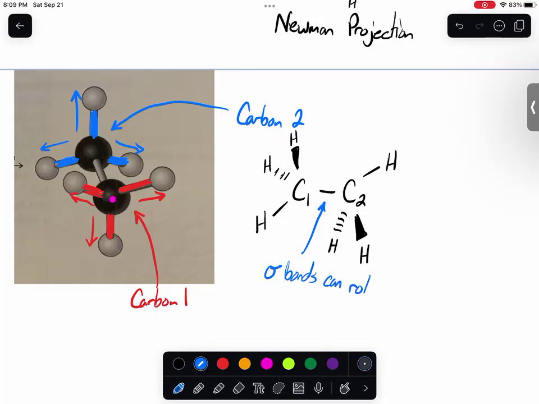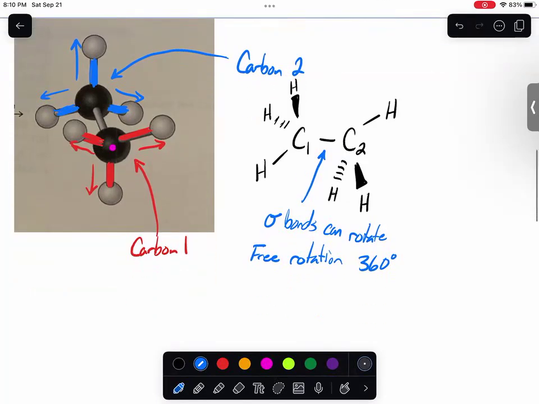All right. And it's not just rotation, it is a free rotation, 360 degrees. All right. And this rotation is going to generate these things that we call conformers, right? And so this rotation would essentially be if we're going round and round the sigma bond, which is going to kind of twist where those groups are there. All right.